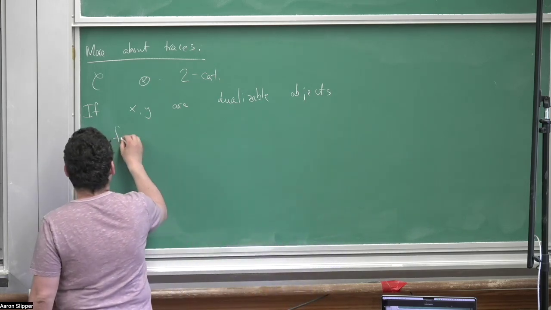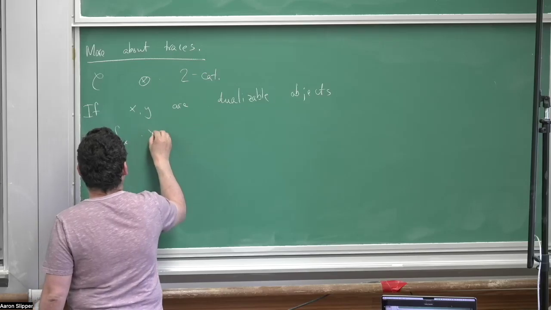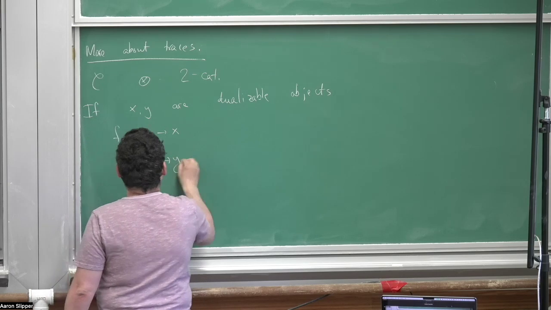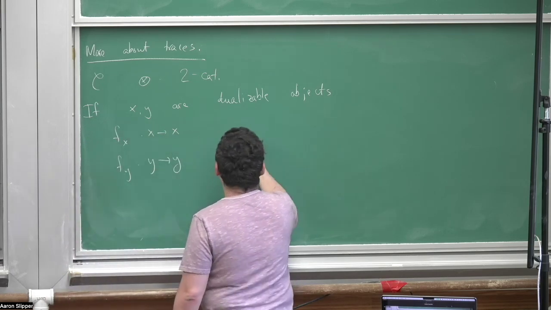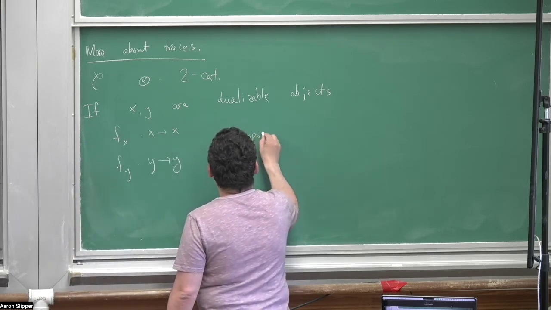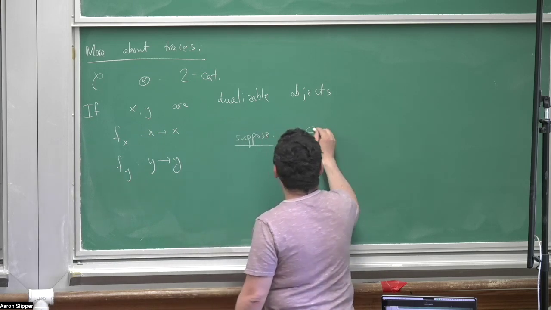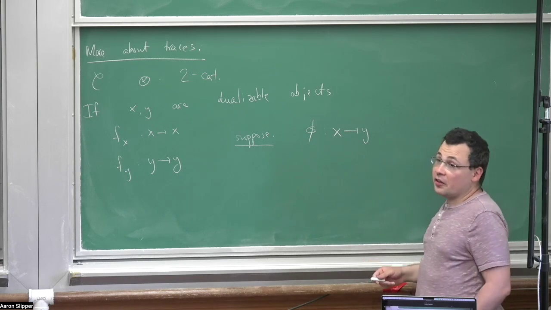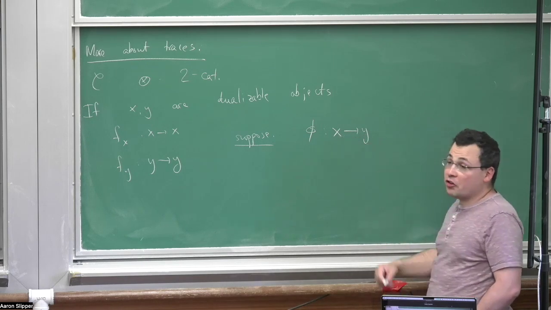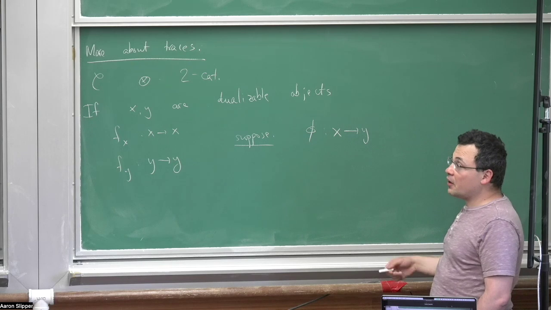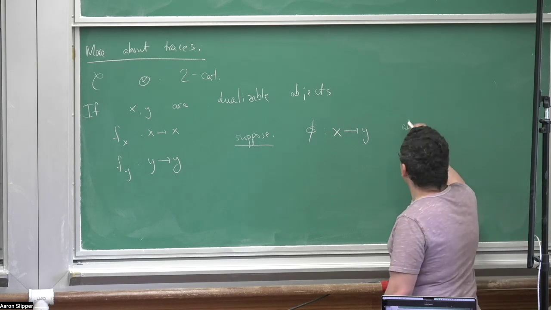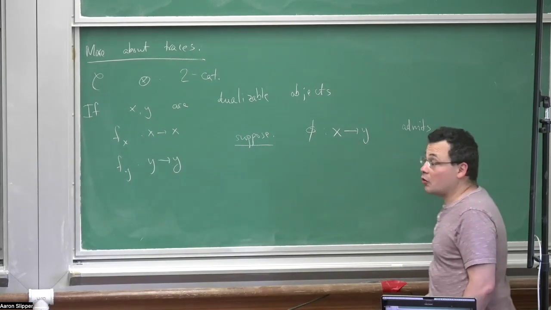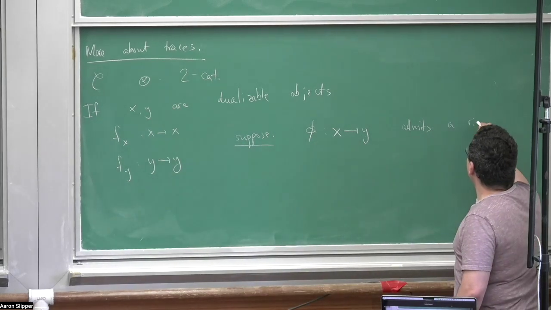I have f_X from X to X, and f_Y from Y to Y, and suppose we have p from X to Y. The most important condition, for this map to induce a map on traces, is that it has to admit a right adjoint, which also makes sense in a 2-category.